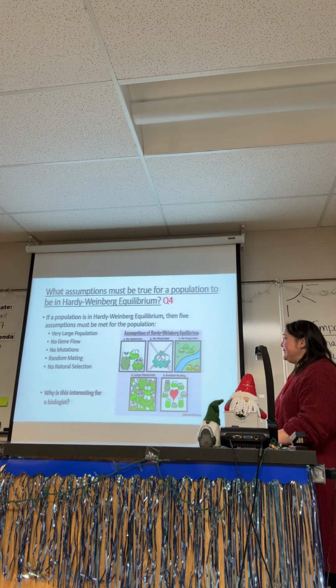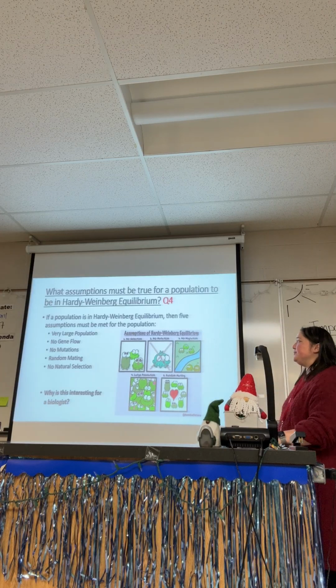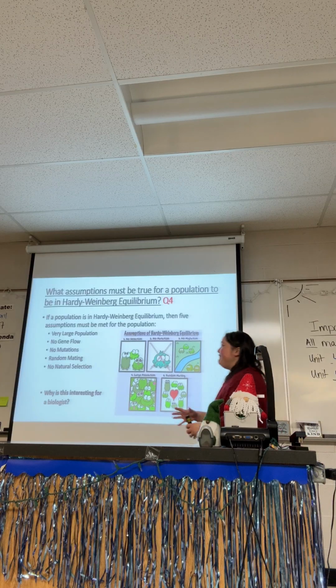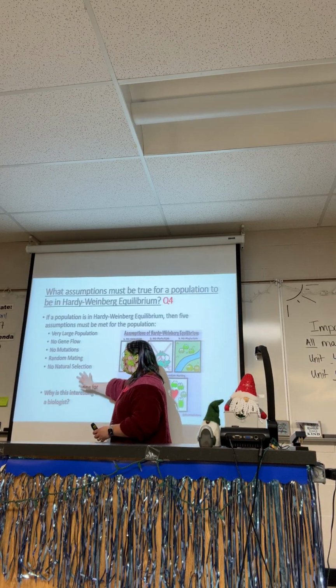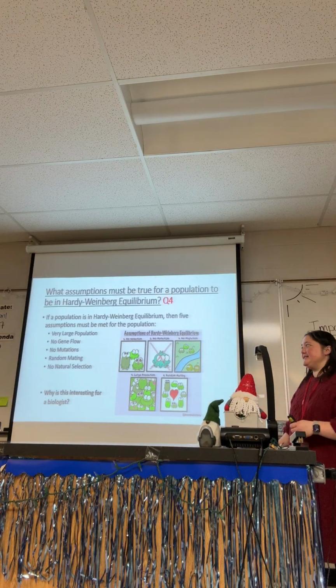But we could break those rules. So let's take a look at them first though. The way that this works, if we follow these rules and we meet these standards, we should not see a population change over time.